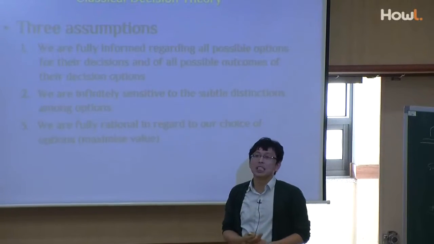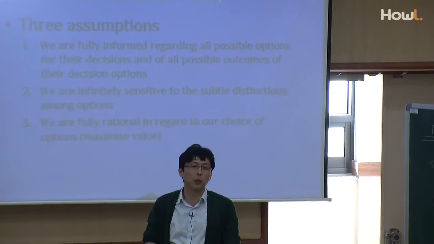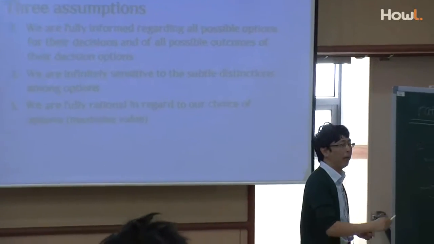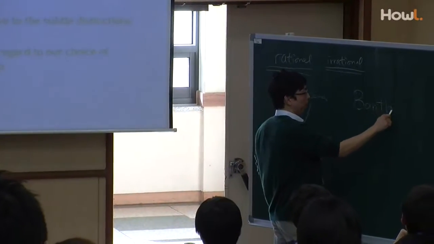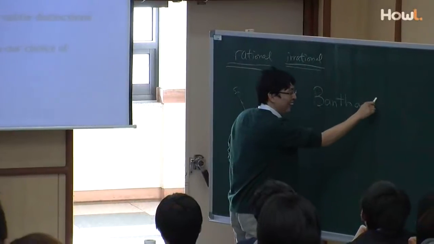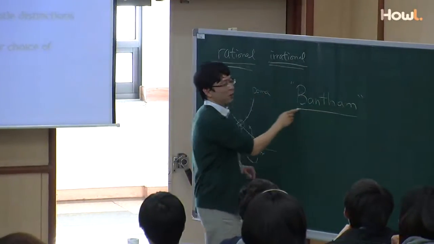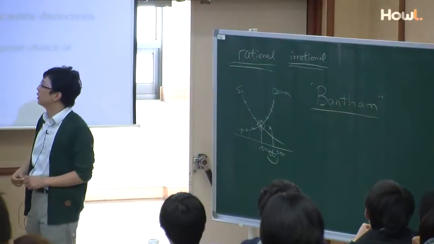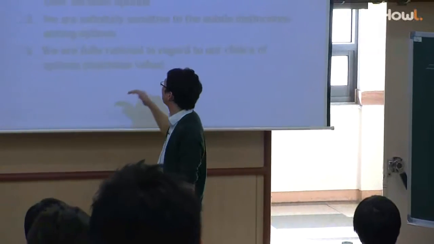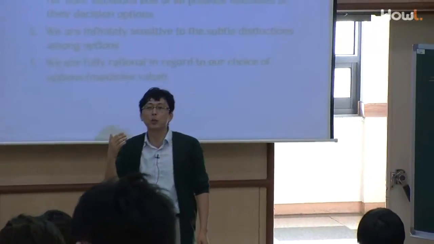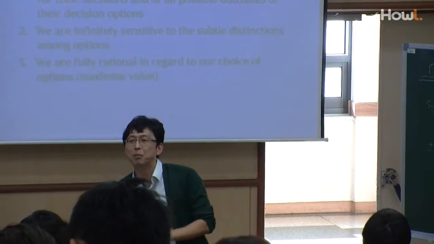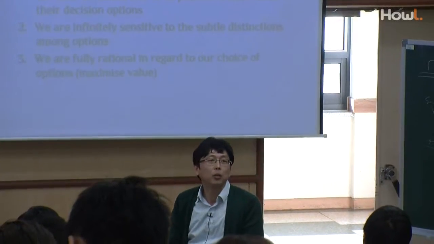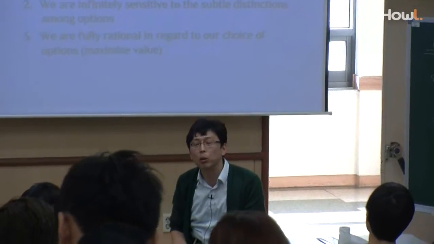And this one is historically from Bentham. Do you know Bentham? He was an English philosopher who proposed that the human value is to seek maximum happiness. We human beings always seek the maximum happiness.